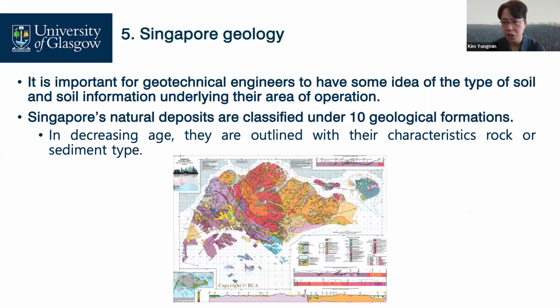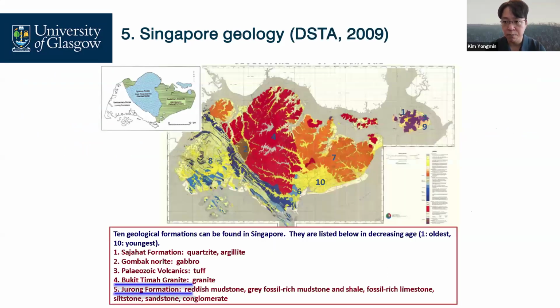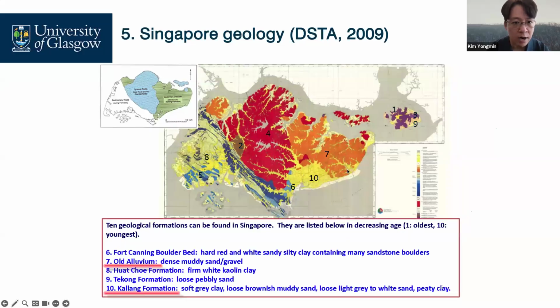Because the new formations were just released, we don't have enough data to discuss, but for the classical geological formations we have tons of data to discuss, say the Jurong Formation to the west side, and then the Bukit Timah granite, and then also the old alluvium, here the number 7, the orange, and then the Kallang Formation, here the number 10.